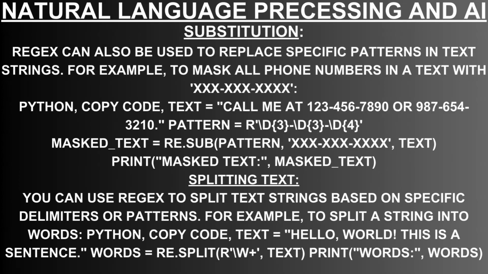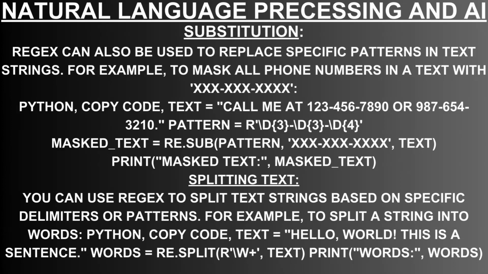Substitution. REGEX can also be used to replace specific patterns in text strings. For example, to mask all phone numbers in a text, Python: text = "Call me at 1234567890 or 9876543210". Then apply the pattern and substitute. Splitting text.